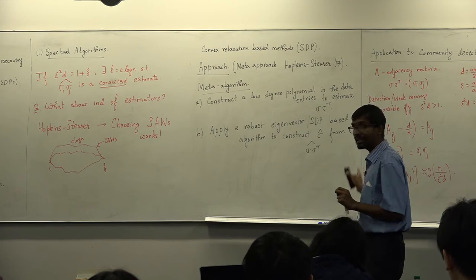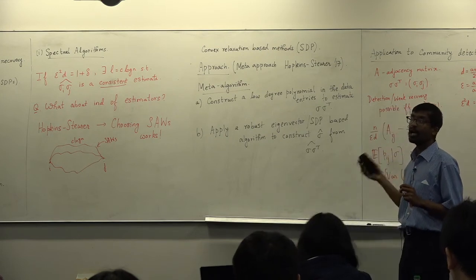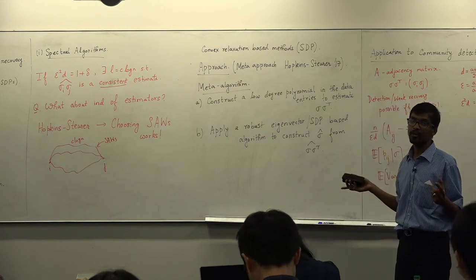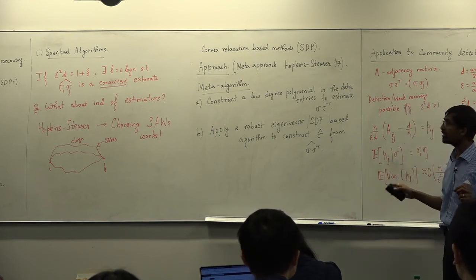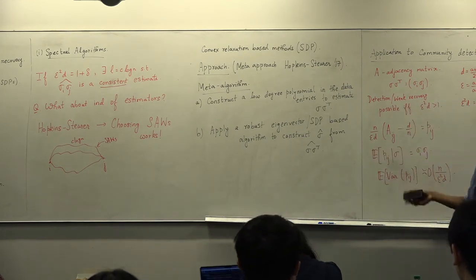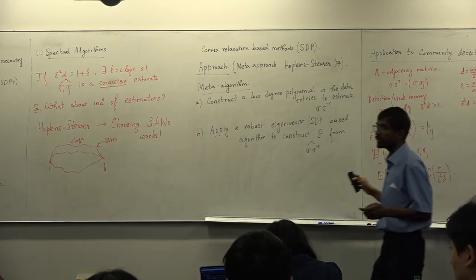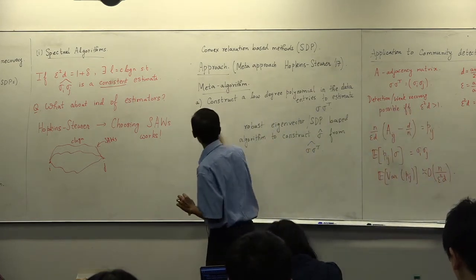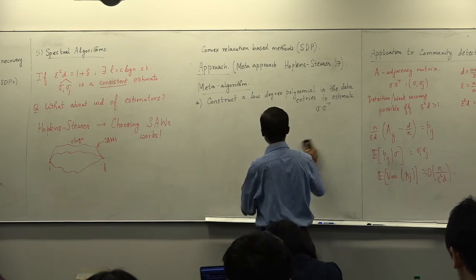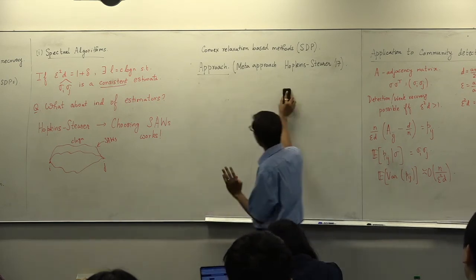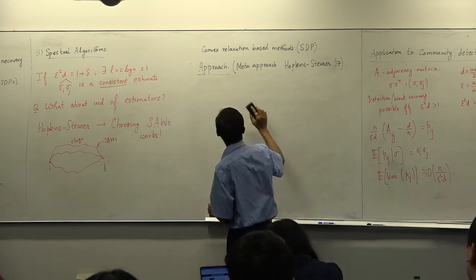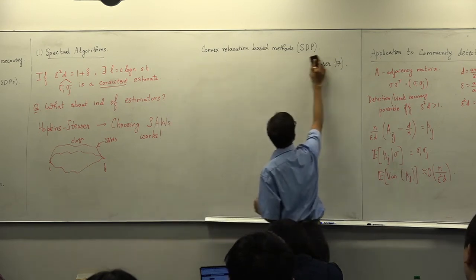For example, in the next example that I'll tell you about, I don't know what the analog of the non-backtracking matrix is, or at least I can't prove anything about it. But if I follow this meta strategy, I can still prove something. So it seems to be a bit more widely applicable. And even in their original work, Hopkins and Steurer make this point. They apply it to a wide variety of other examples. This is just one of their motivations.